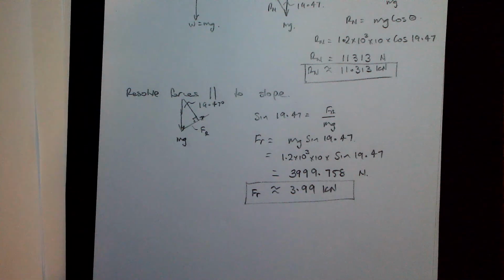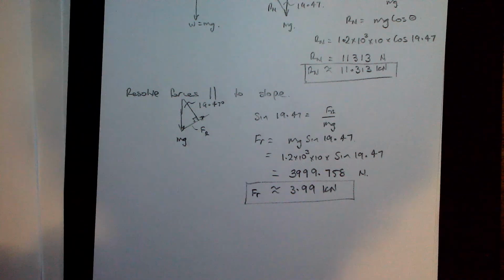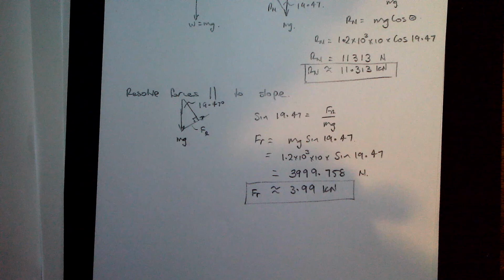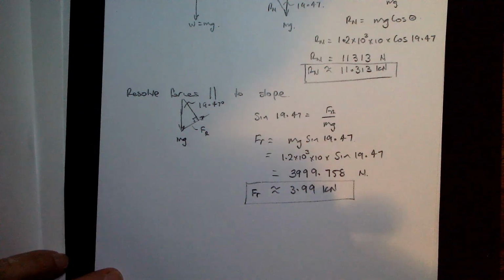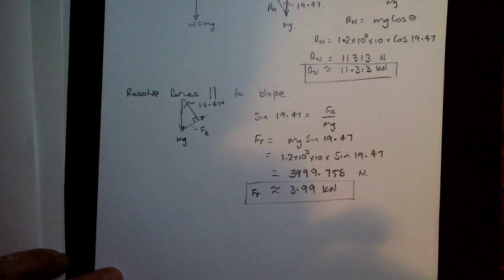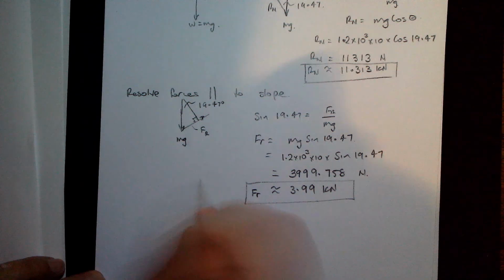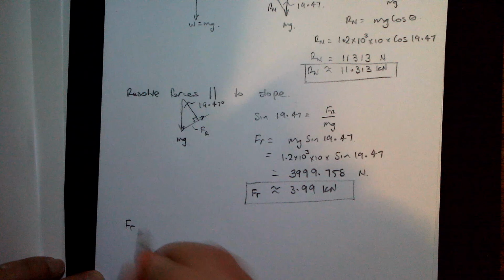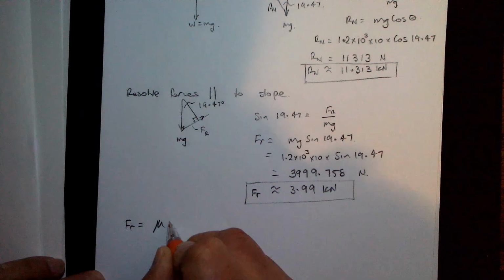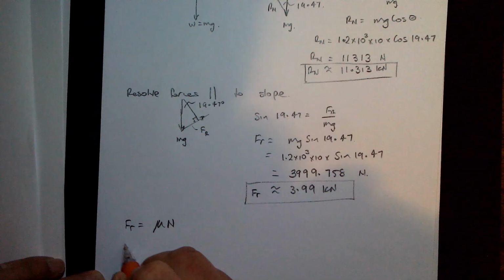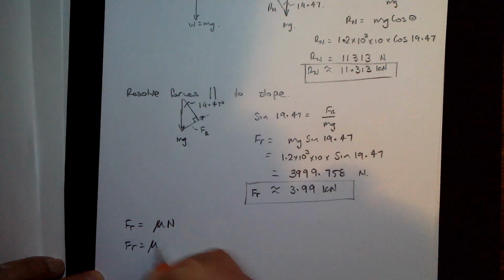To find mu, all we need to do now is use the formula for friction: the frictional force equals mu times the normal reaction.